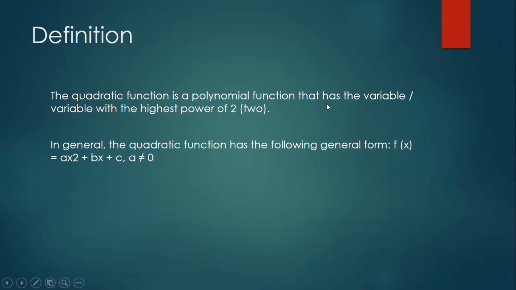The quadratic function is a polynomial function that has a variable with the highest power of 2. In general, the quadratic function has the general form: f(x) = ax^2 + bx + c, and a is not equal to 0.